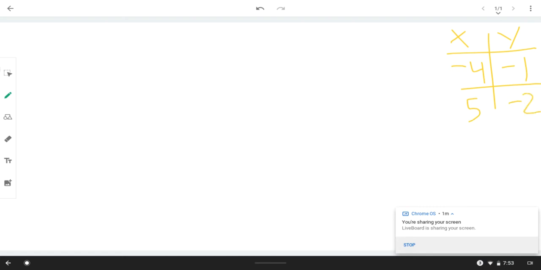So with those, what we're going to want to do is find the slope, which we know is y2 minus y1 over x2 minus x1.